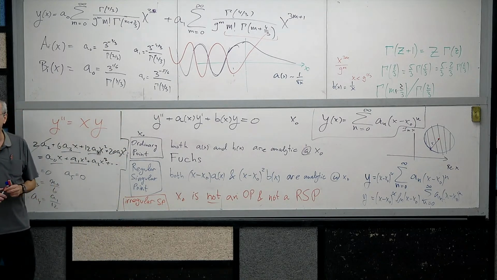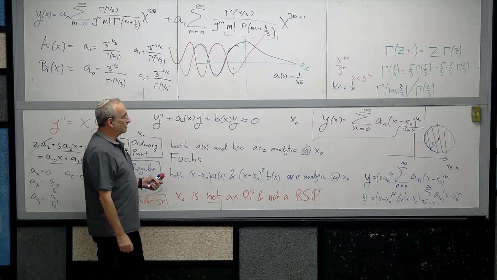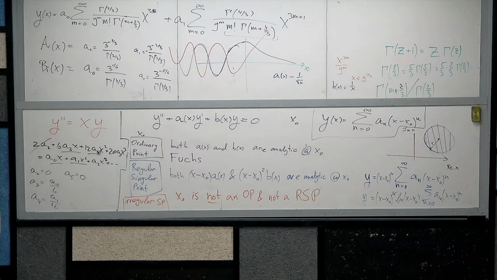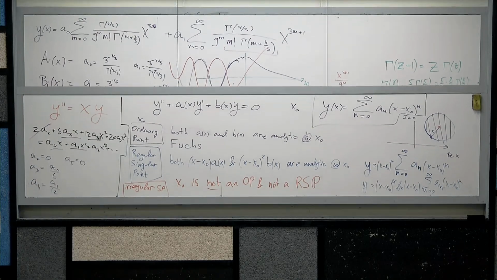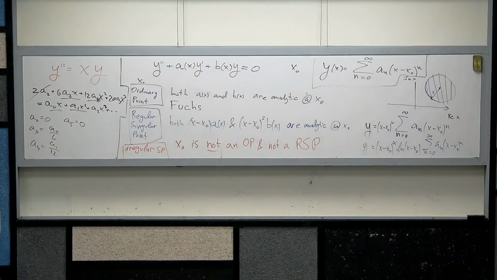Right? These are the three options: ordinary point, regular singular point, and irregular singular point. And the definition of an irregular singular point is that it is not an ordinary point and not a regular singular point.